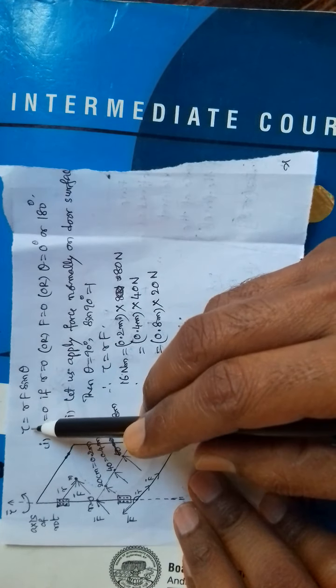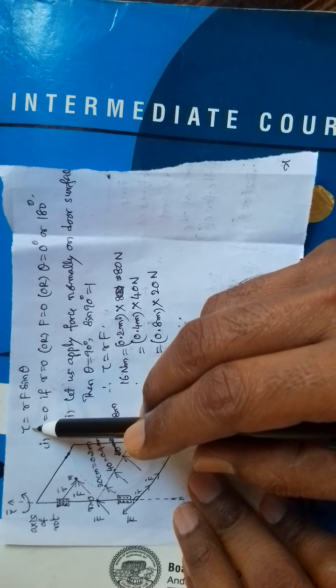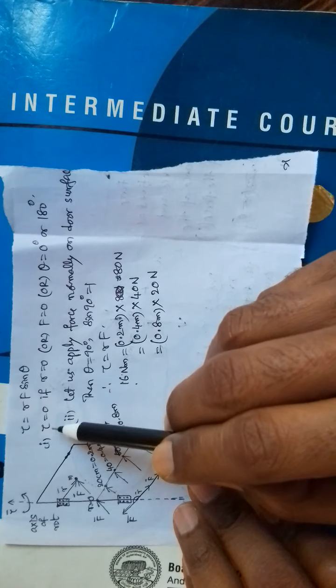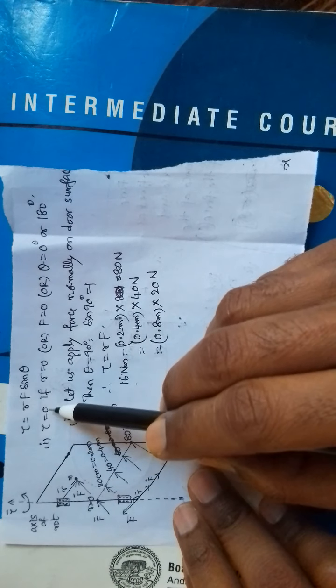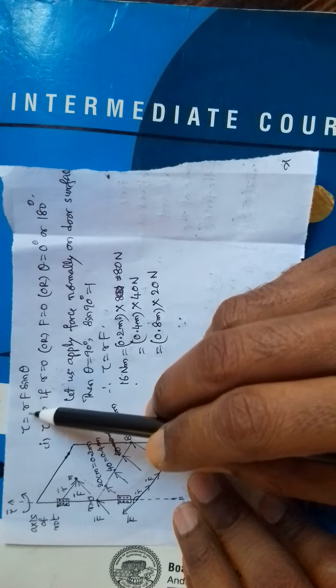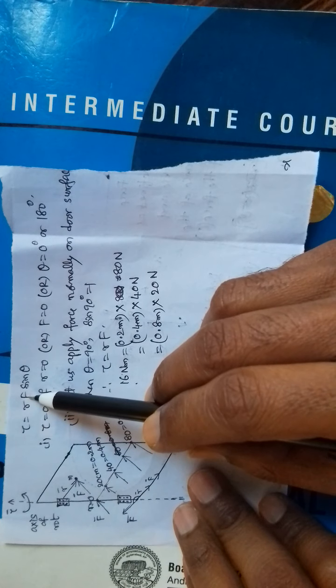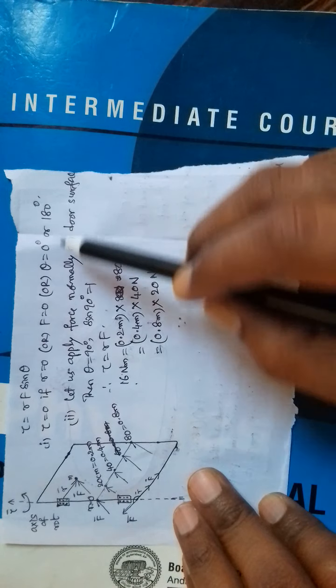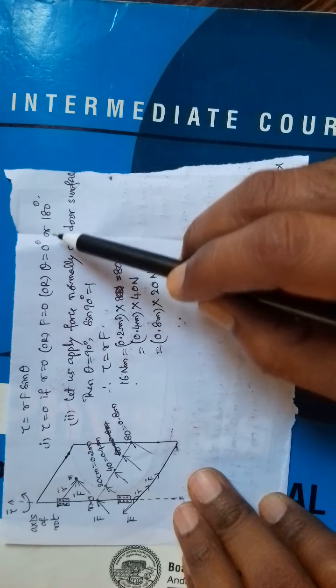The magnitude of torque is given by tau = rF sin theta. So tau becomes 0 if r = 0, or F = 0, or theta = 0 or 180 degrees. So these are the three options.